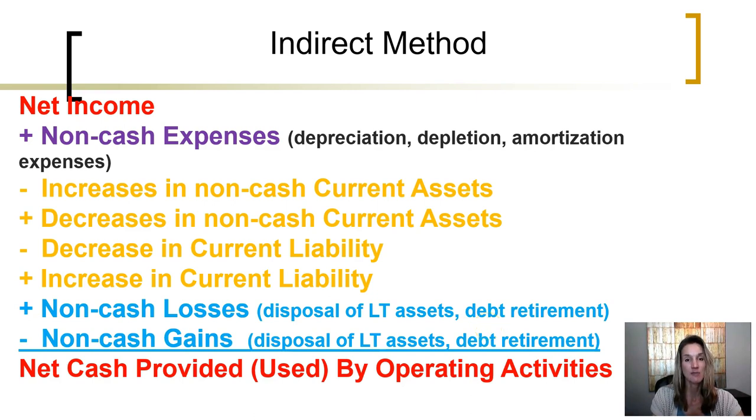When we adjust net income for these items, we are calculating the cash provided or used by operating activities.